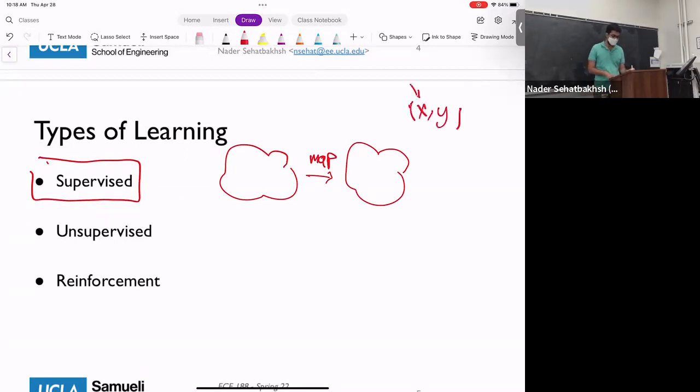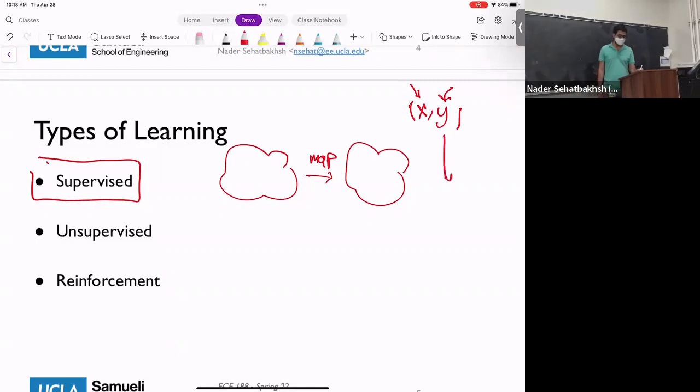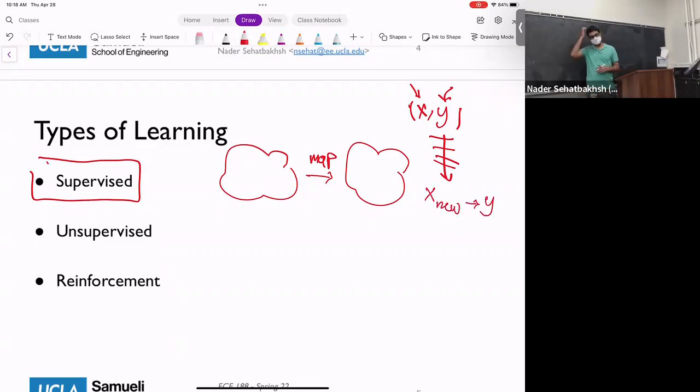So for a given input, what is your given output, or what is your label? By seeing a bunch of these pairs of X and Y, you learn the relationship between X and Y. So the next time that you see a new X, you will be able to detect what Y is, right? This is a very, very simple definition of what supervised learning is.